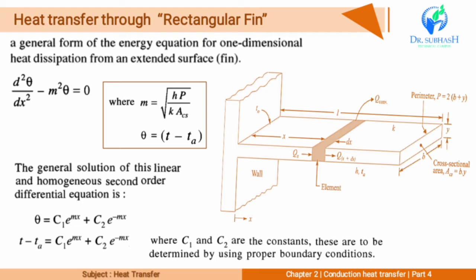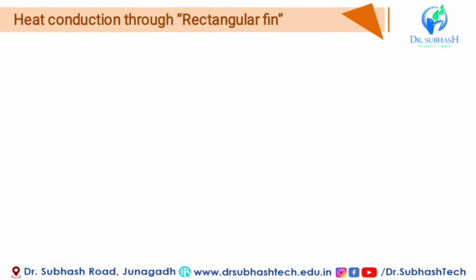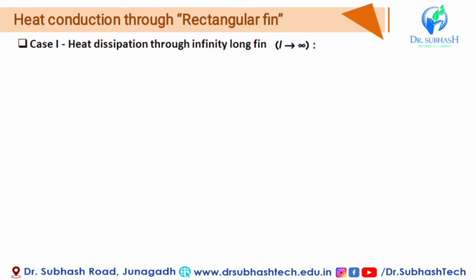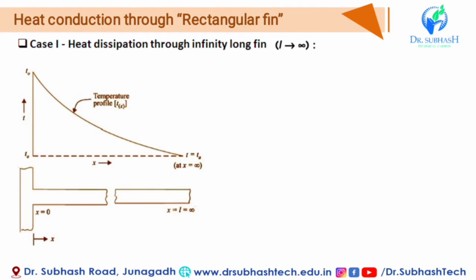In the last lecture, we stopped our discussion on three different cases related to the second boundary condition. So let's start our lecture with case number 1, heat dissipation through an infinitely long fin, say L tends to infinity.